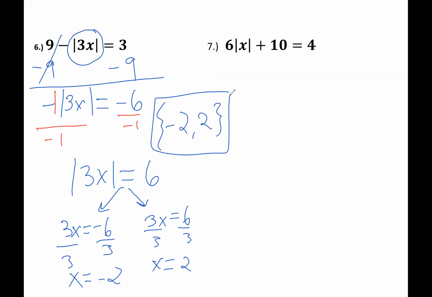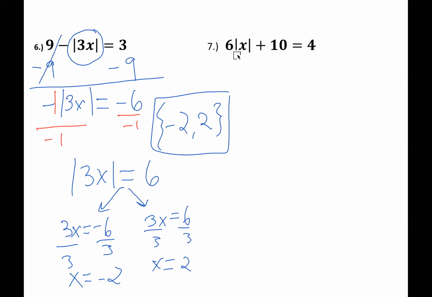All right, good. Let's take a look at number 7. Let's see, we want to isolate the absolute value. So you can see, by the way, the 6 is not inside the absolute value here.